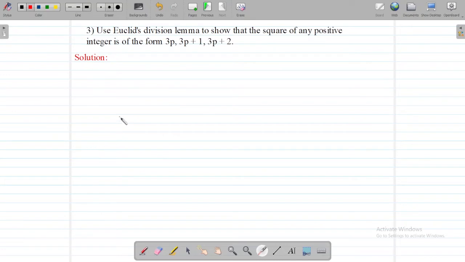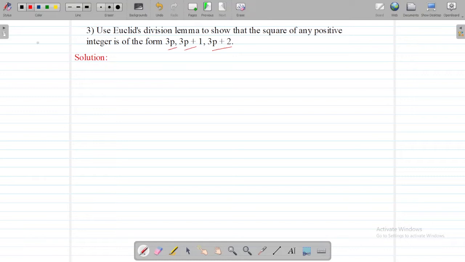Now let us see the next problem, the third one. Use Euclid's division algorithm or lemma to show that the square of any positive integer is of the form 3p plus 1 or 3p plus 2.